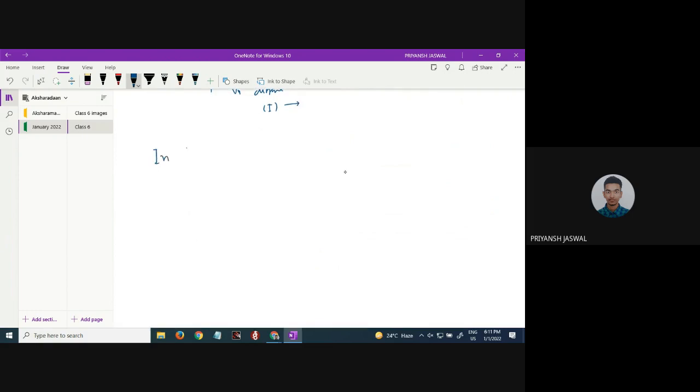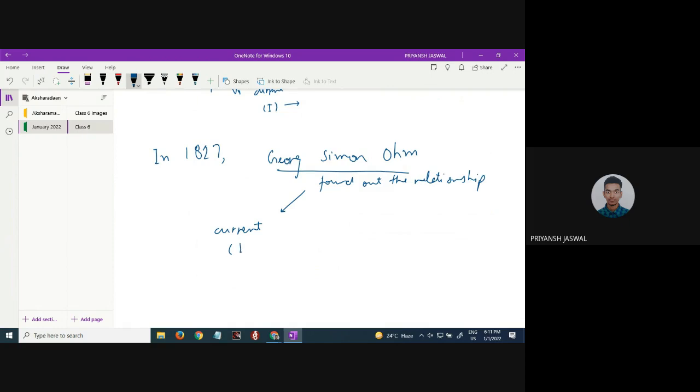Now back in 1827, a German physicist named George Simon Ohm found out the relationship between the two quantities which we have studied, the current and the potential difference.